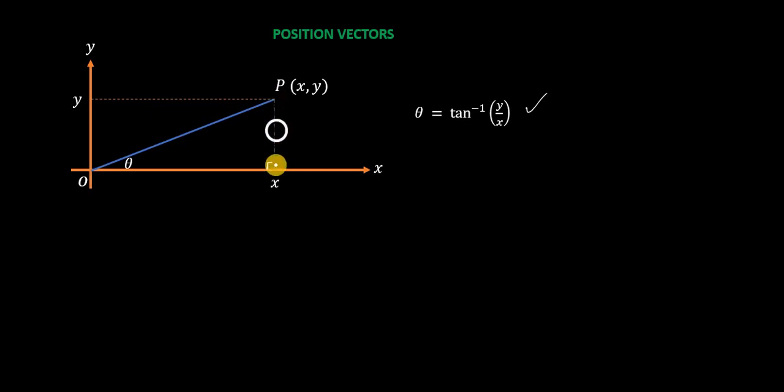The distance traveled upward vertically is in relation to the y-axis. The distance traveled horizontally is in relation to the x-axis. And so it's going to be opposite over the adjacent side, the y divided by the x. And obviously, since we find the angle, it's going to be tan inverse. Now, again, you can check out some of my videos on trigonometry. That will help you.